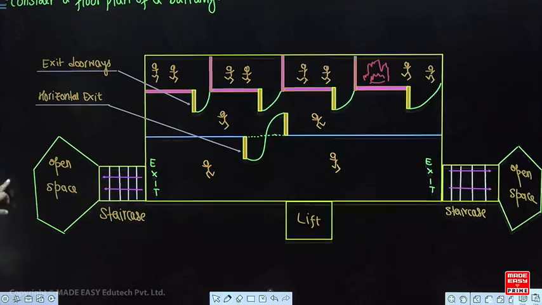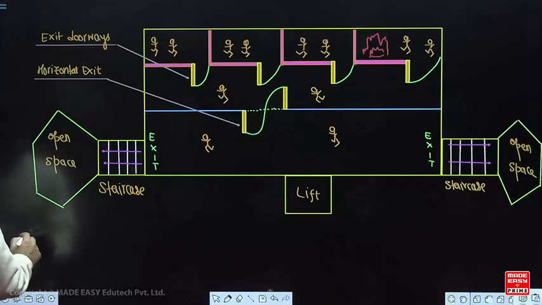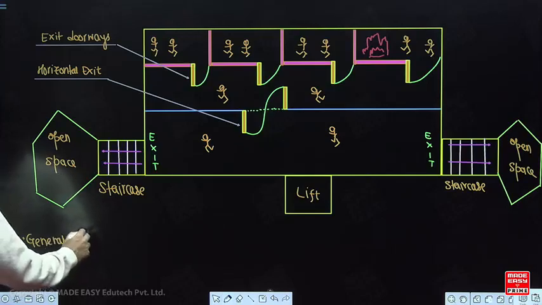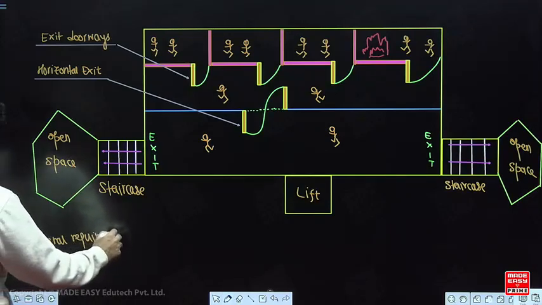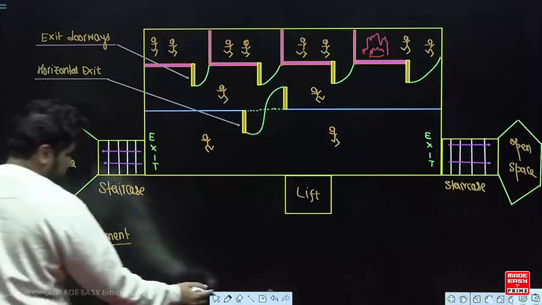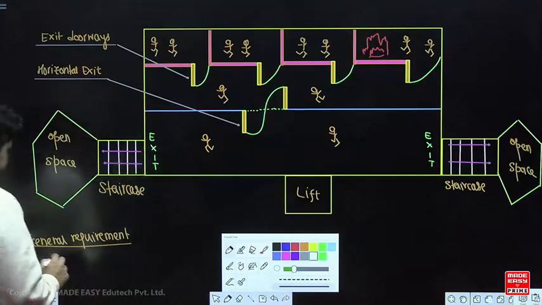So what are the general requirements that we have to check? The first one is called exit access.